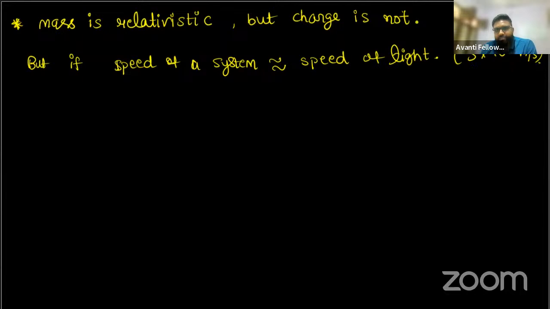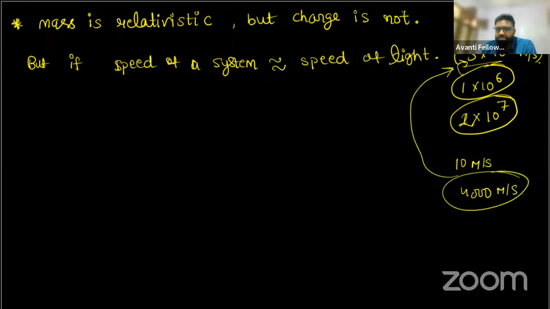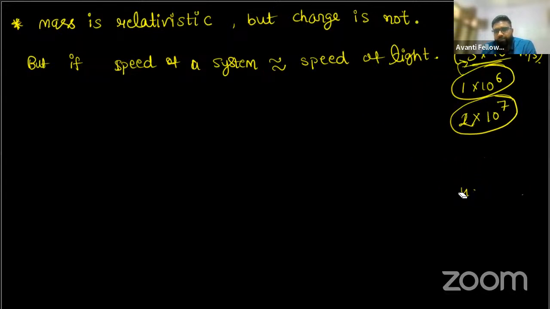So if a system is moving with a velocity like 1 into 10 raised to the power 6, 2 into 10 raised to the power 7, you can compare these velocities with respect to the speed of light. If I'm talking about 10 meter per second, 4000 meter per second, is this comparable to the speed of light? No. But if you talk about the above written velocities, these are comparable to the speed of light.